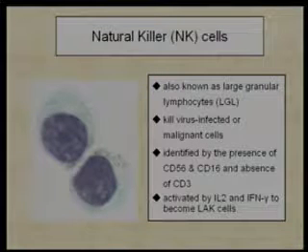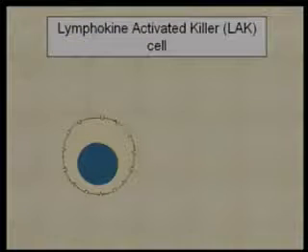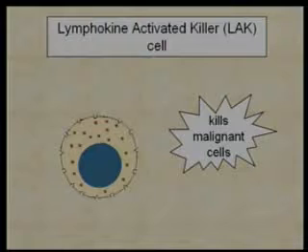But they do, after activation, have some different activities that we'll talk about. So how do you get these lymphokine activated killer cells, and what do they do? Again, exposure to either interferon or interleukin-2 will convert the NK cell into an activated cell, which will now be able to kill malignant cells.